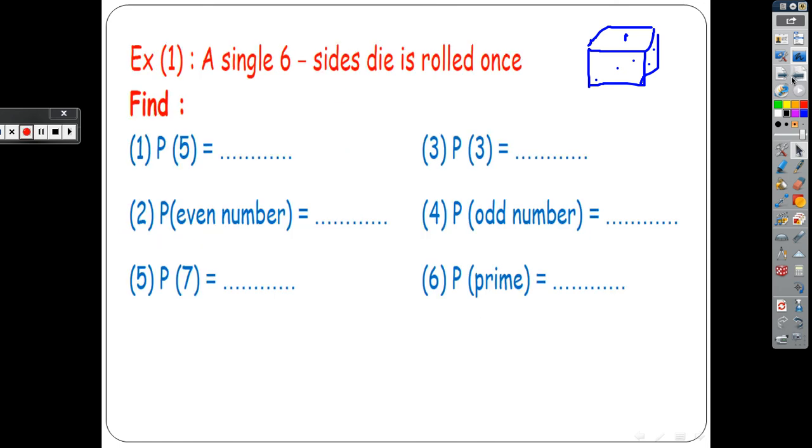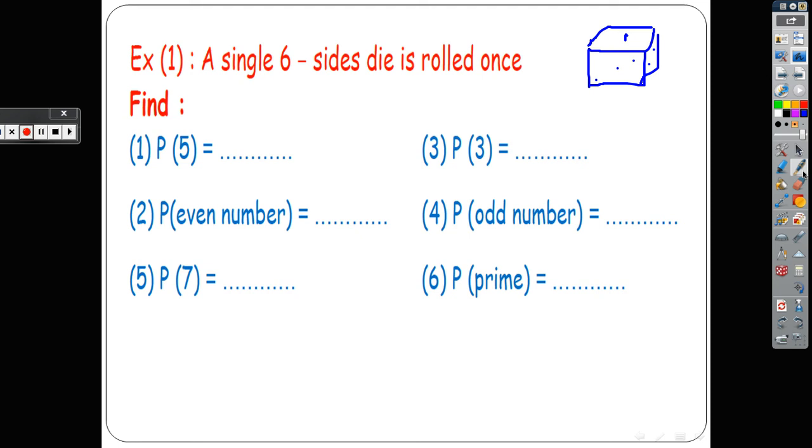In this example, a single 6-sided die is rolled once. Find the probability of 5. At the first, you must write the sample space of the die.